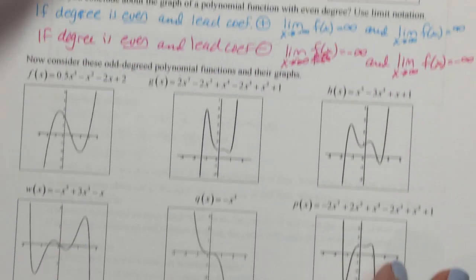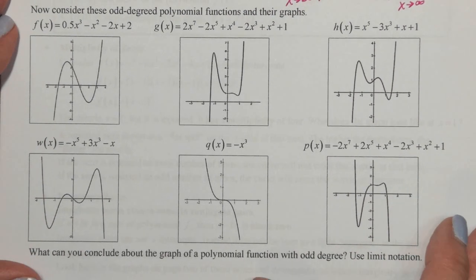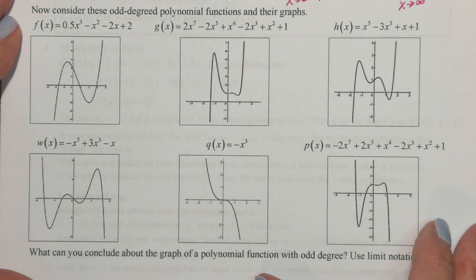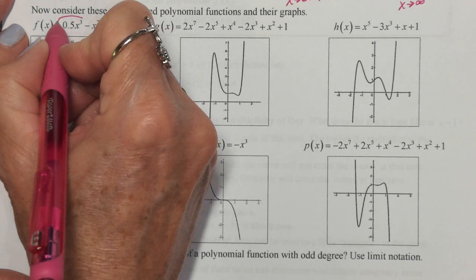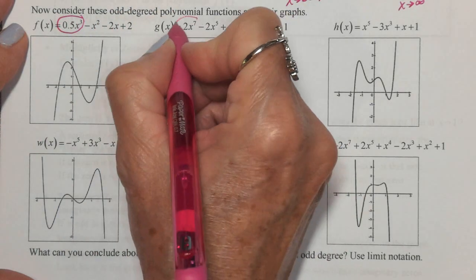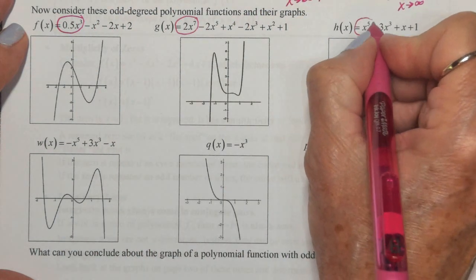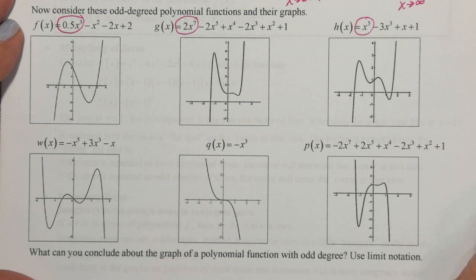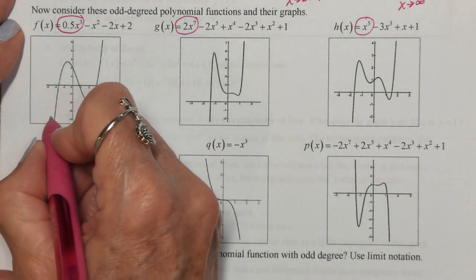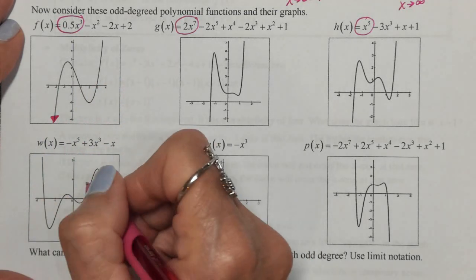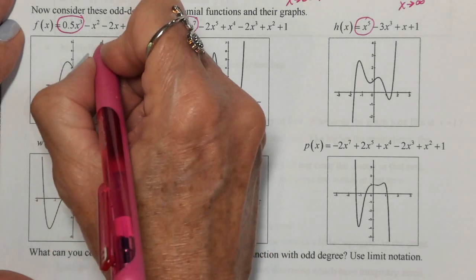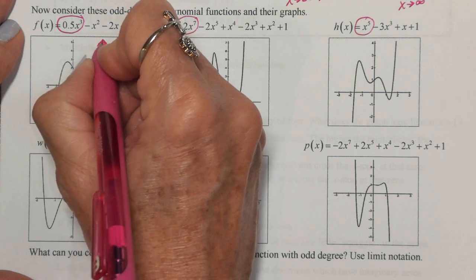Let's look at some odd degree polynomial functions. Odd degree, positive lead coefficient. What are the end behaviors? As x approaches negative infinity, the function is going to negative infinity. As x approaches positive infinity, the function is going to positive infinity.